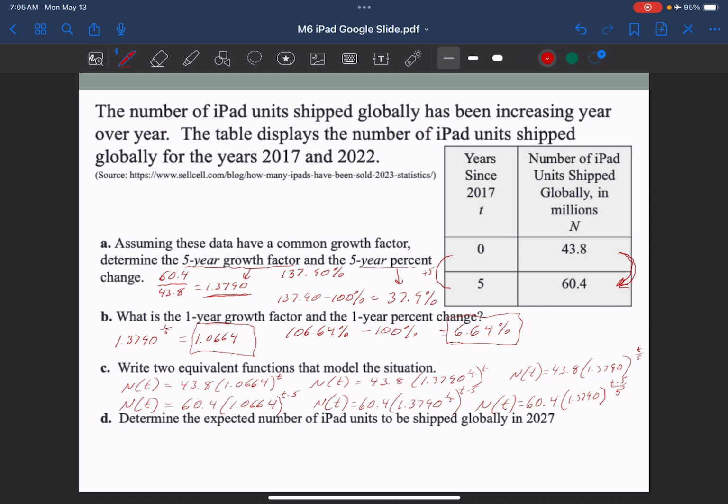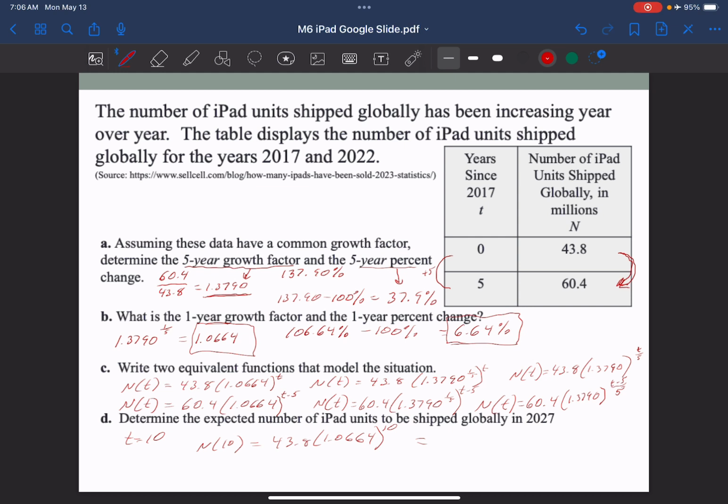Okay, the next thing is determine the expected number of iPad units to be shipped globally in 2027. In 2027, t would equal 10. And so we could pick any one of those 4 functions that's written up there and find out that n at 10 is equal to, let's take this one, to the 10th power.